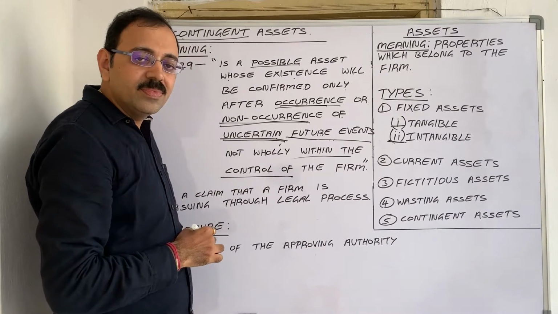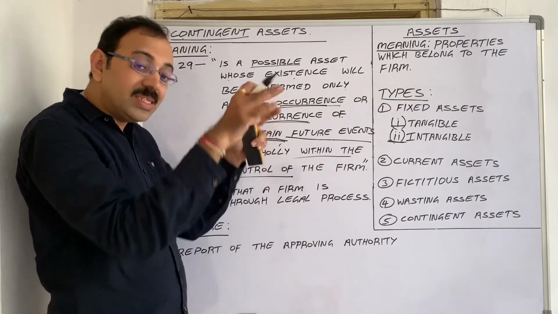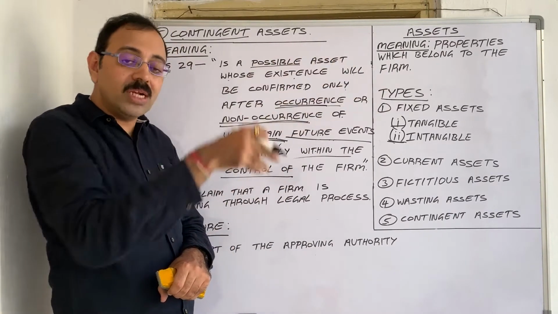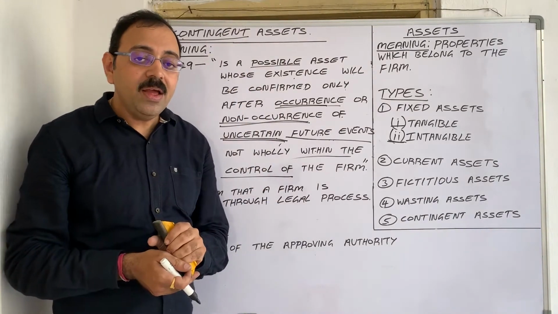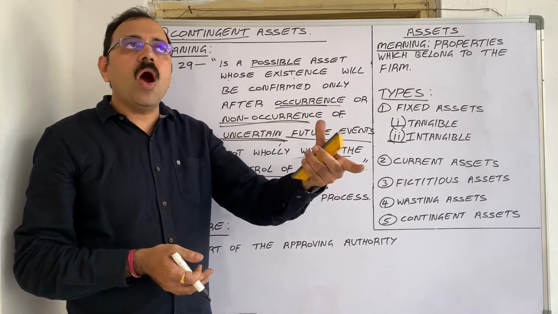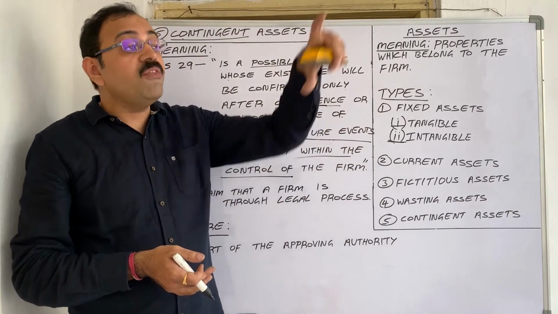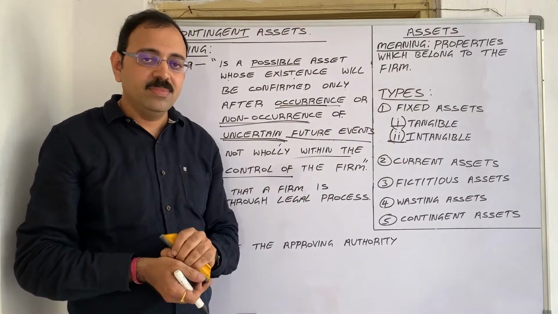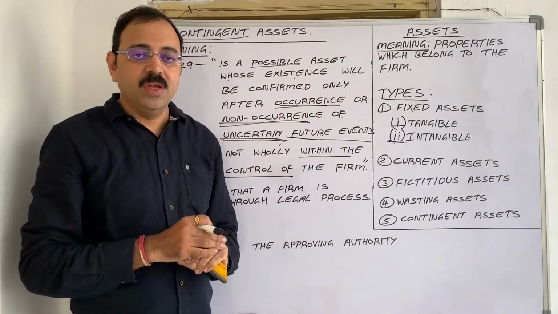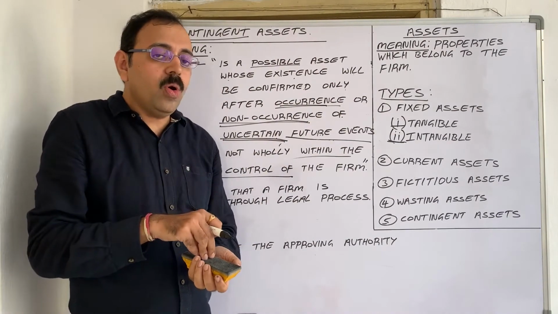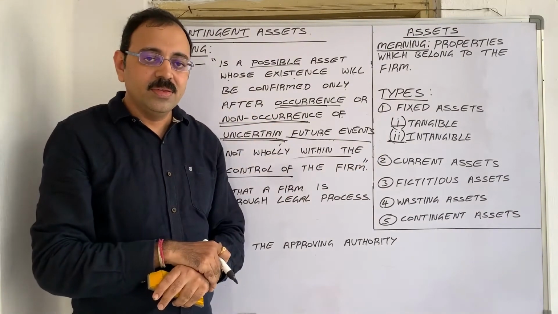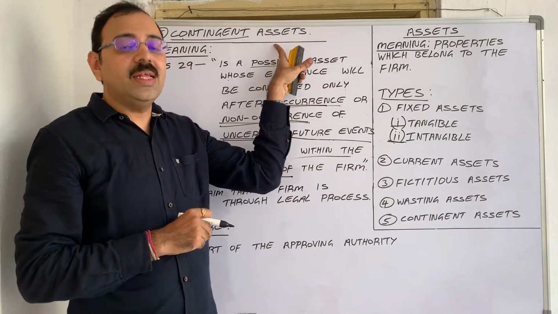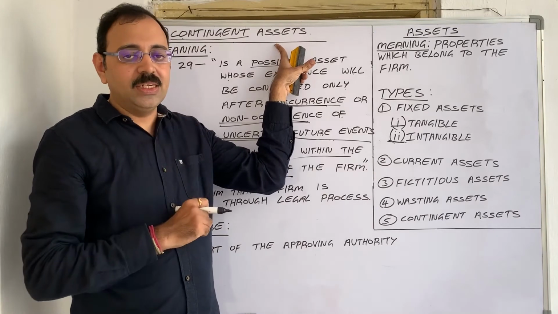We cannot influence the judge who is going to give that judgment. So what do you mean by contingent asset? There is a possibility of becoming the owner of a particular asset in future. Today we don't know whether we are going to become the owner of that asset or not. That is called contingent asset, uncertain asset.